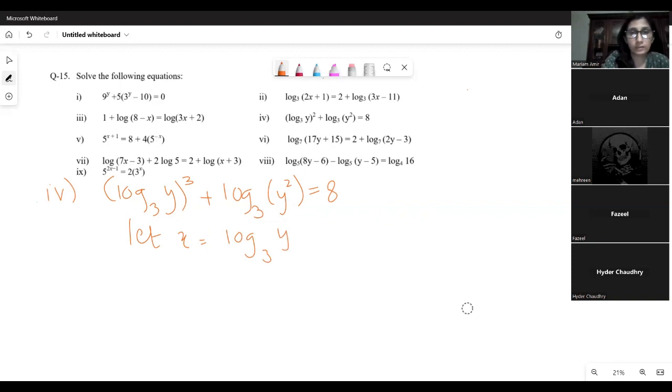So we get, that's a square, not a cube, so we get x square plus, how do I write this in terms of x? 2x. Yes, 2x, because the 2 can come down. This 2 can be brought over here. So that's just 2x. Plus 2x minus 8 equals 0.